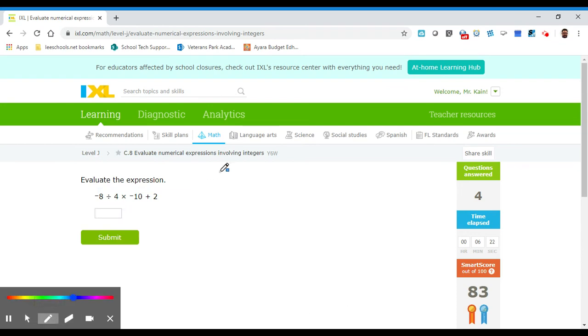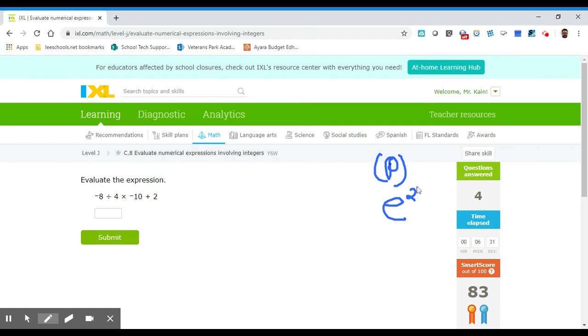83. So, do we have any parentheses? No parentheses. Do we have any exponents? No, we do not. Do we have any multiply or divide? Yes, we have both, but we're going to do whatever comes first, left to right. And since division comes first, let's do that first. So -8 divided by 4, since they're different signs, it's going to be -2.